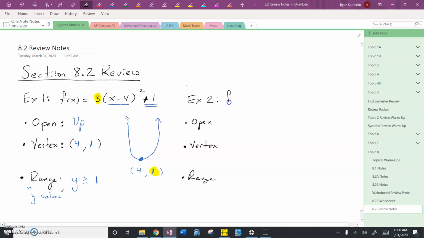And your function is going to be f of x equals negative 2 times x plus 5 squared minus 6. Now what I would suggest now is that you pause the video, try the problem, and then unpause it to see if you did it correctly.